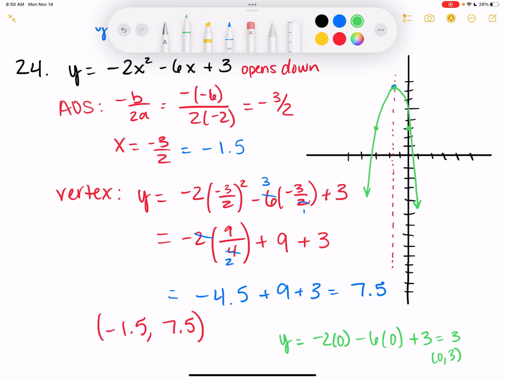When you're finding the other values, you just decide what value to use. But every once in a while, you'll end up with an axis of symmetry over here at 5. Well, when you plug in 0, it's probably going to end up being some exorbitant number, either way down here or way up here. So you're not going to want to do that. My general rule is no more than 2 away from your axis of symmetry, or you're going to end up with an obnoxiously large graph.